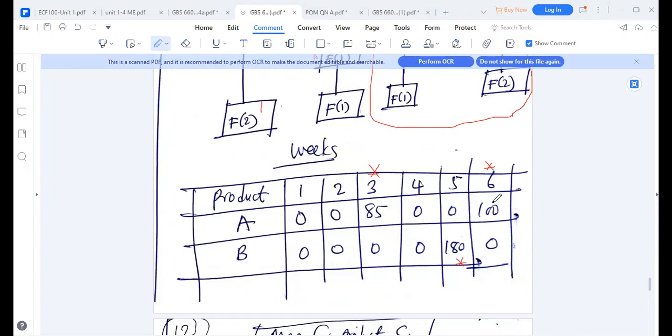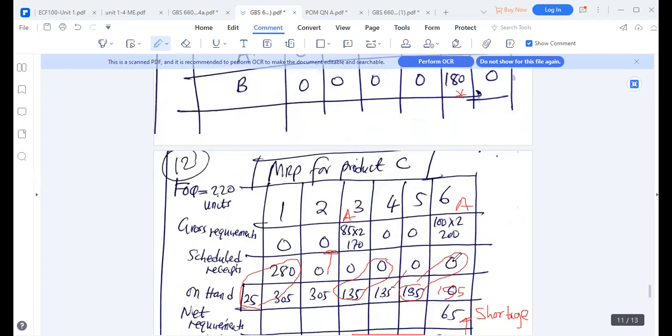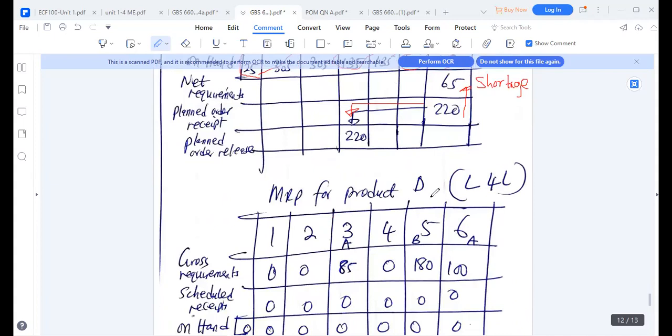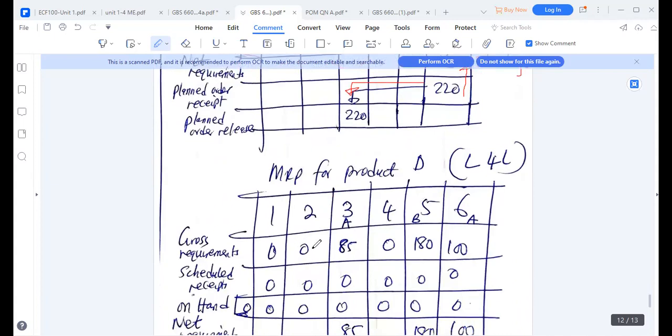Now what is going to happen is we combine the D that is coming from B also by 1. So our MRP for D will be for A by 1, and there's also a D coming from B by 1.